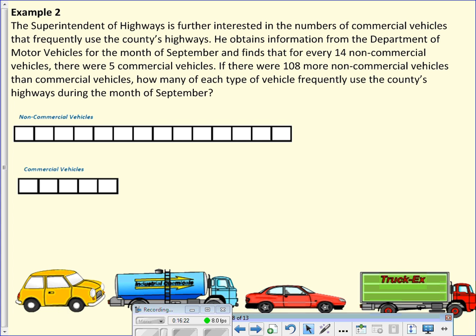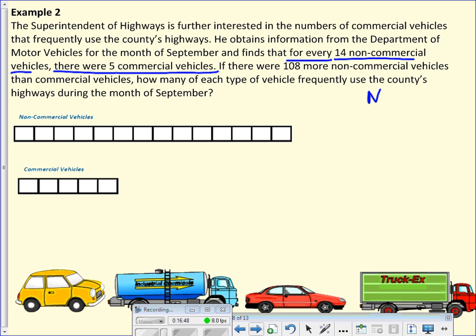So he obtains information from the DMV for the month of September. Now we're looking at September, so our numbers are different. He finds that for every, there's our verbal keyword, underline it with me because we're running out of time, 14 non-commercial vehicles, there were 5 commercial vehicles. So there's our ratio. So start drawing your tape diagram.